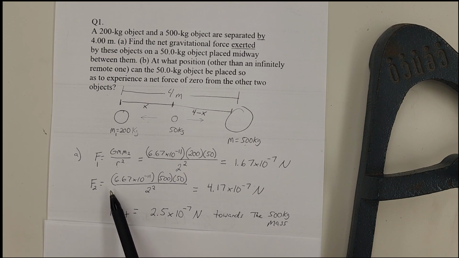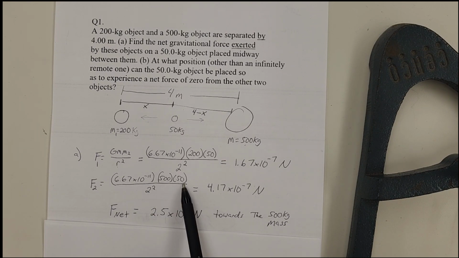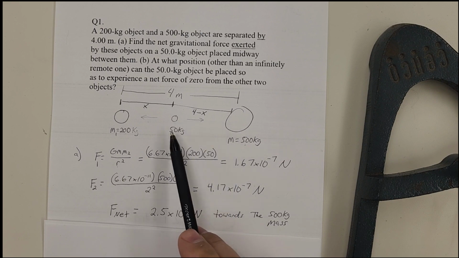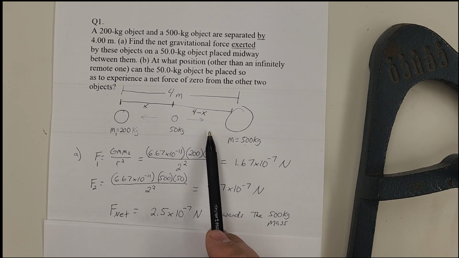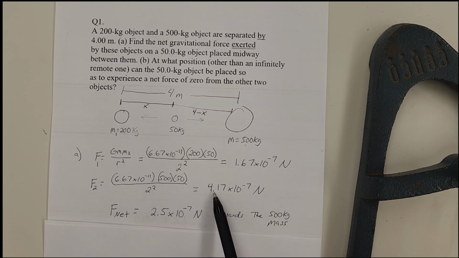For the second force, we're going to use the same equation. So we have the same constant, 6.67 times 10 to the negative 11. This time, though, our masses are 500 and 50. So we have the 500 kilogram mass and the 50 kilogram mass because we're going to find this attraction. It has the same radius, so 2 squared on the bottom. If we calculate this, we get 4.17 times 10 to the negative 7, and again, it's in newtons.